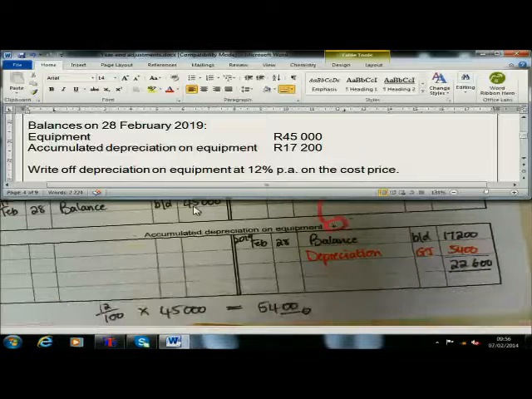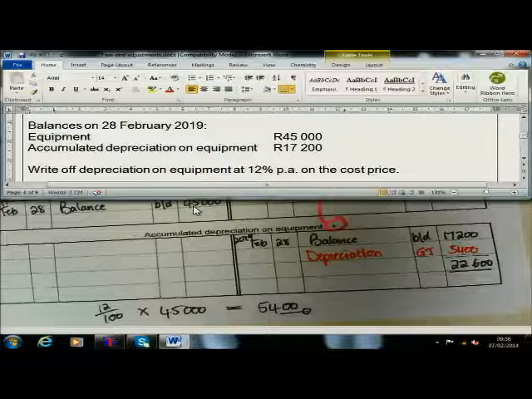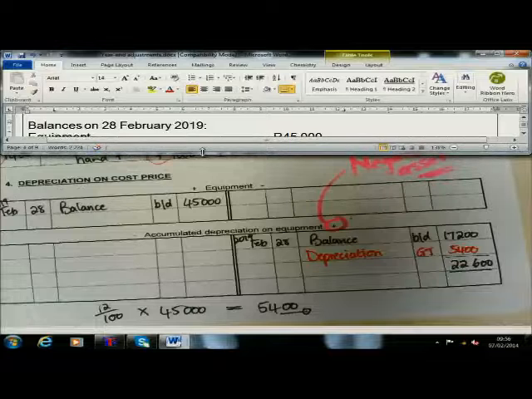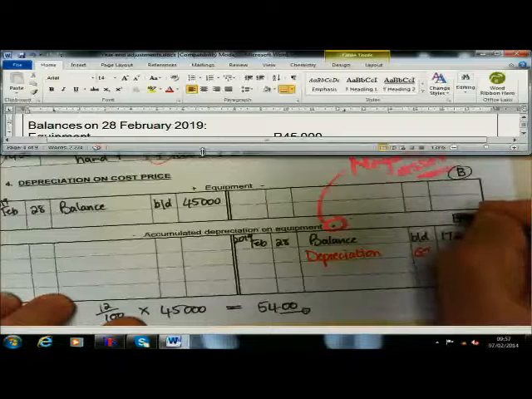And that is your accumulated depreciation. It's a B account.